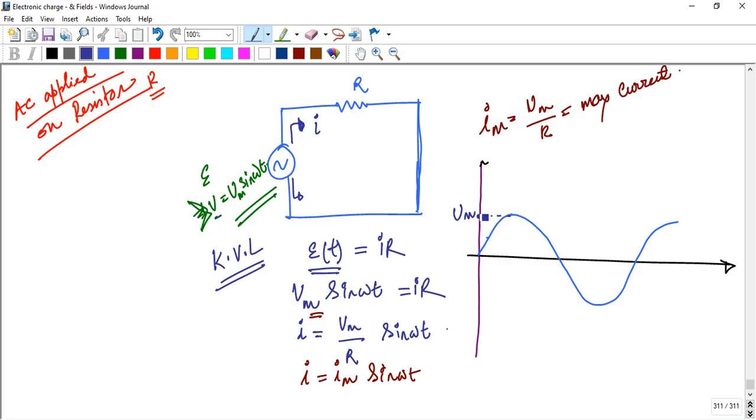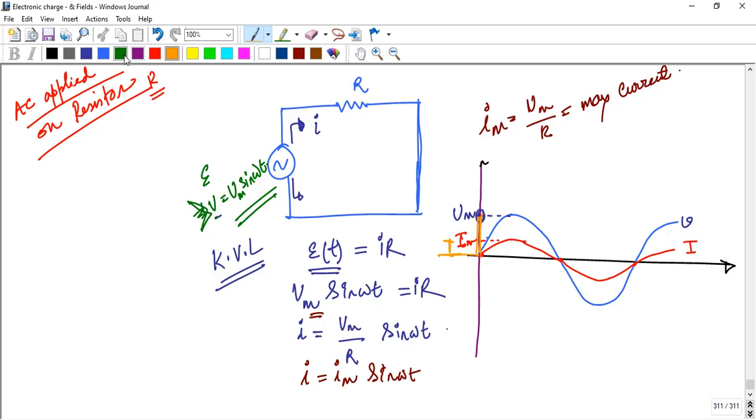That value is Vm, and this represents a voltage. Now here is the current, and that represents I, and that maximum value is called Im. So here these are the Vm, and from here to there that is Im, the maximum current.